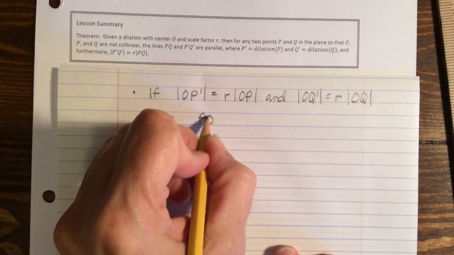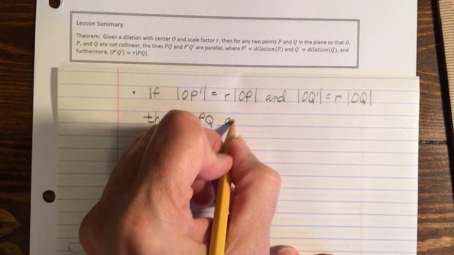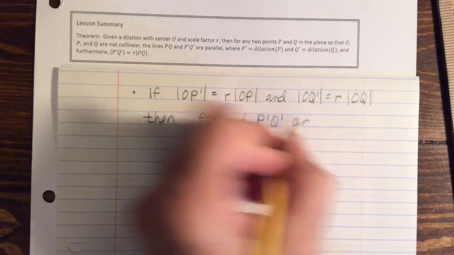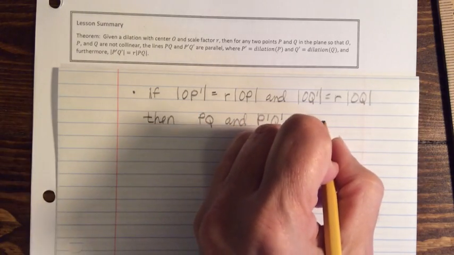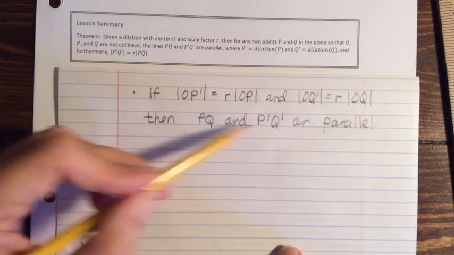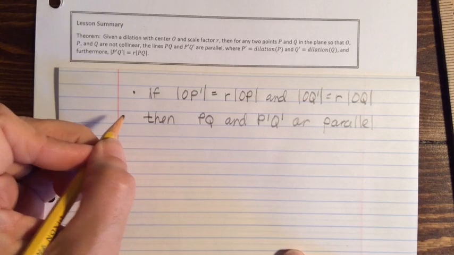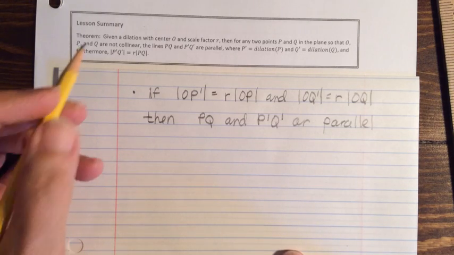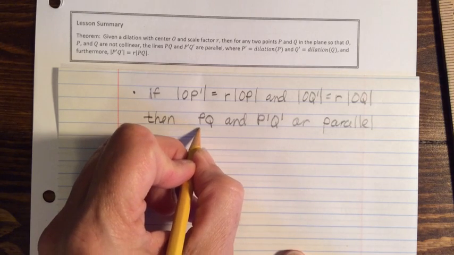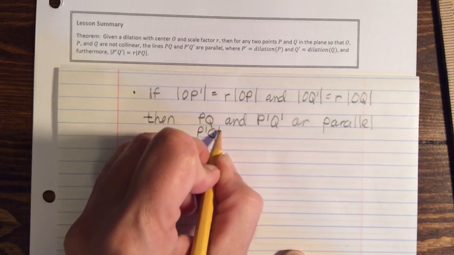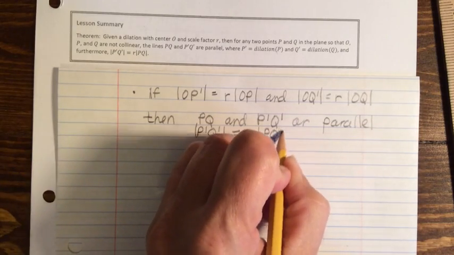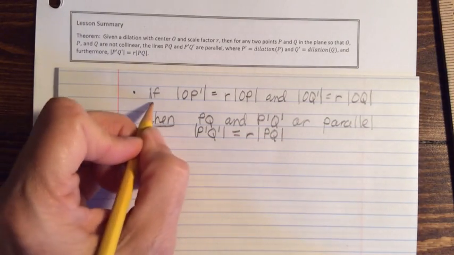segments PQ and P prime Q prime are parallel, and the length of P prime Q prime is equal to the scale factor times the length of PQ. Okay, so that's just another way of saying it.